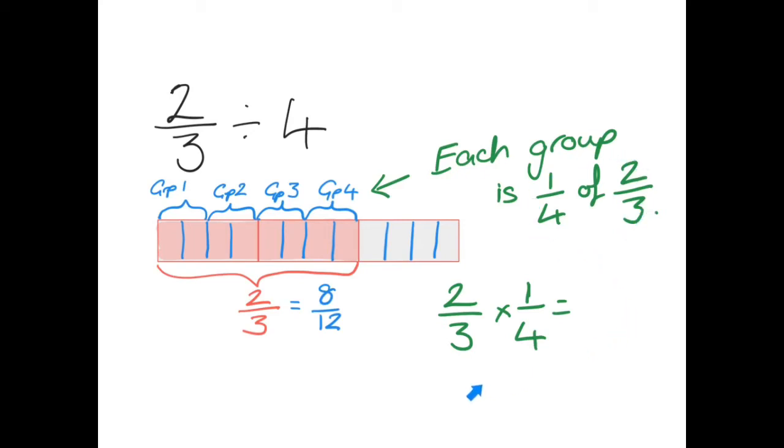Instead of doing 2/3 divided by 4, I'm going to find 1/4 of 2/3. And I can simply proceed for multiplying a fraction normally. I'm going to cancel down the 2 and the 4 with the common factor 2. So 2 becomes 1. 4 divided by 2 is 2. 1 times 1 is 1. 3 multiplied by 2 is 6. Here's my answer already in its simplest terms.